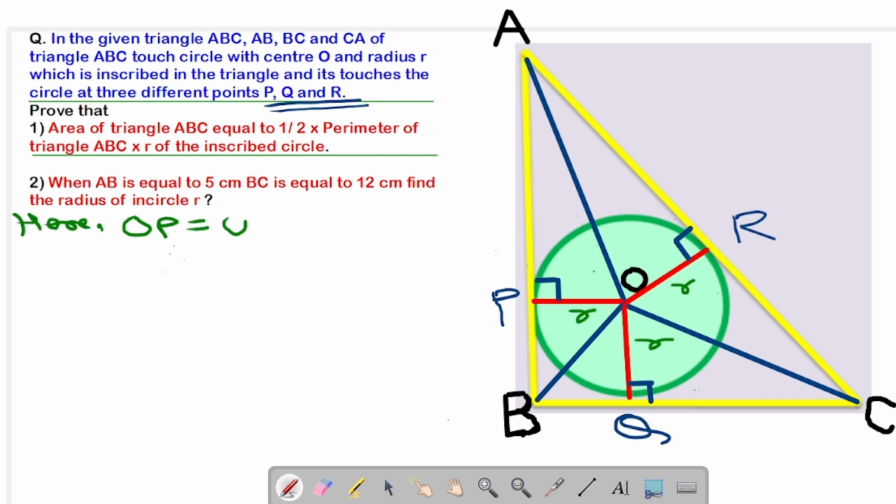Here we can see OP is equal to OQ is equal to OR is equal to small r, the radius of the incircle, which I have already told you, right?